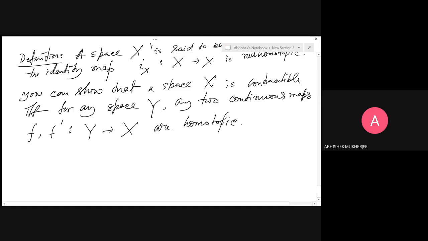You can check this on your own, and this is very easy, not very complicated. So this is an exercise. If you can show this, then you can definitely have a contractible space.